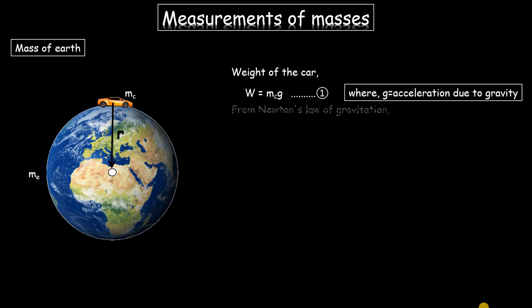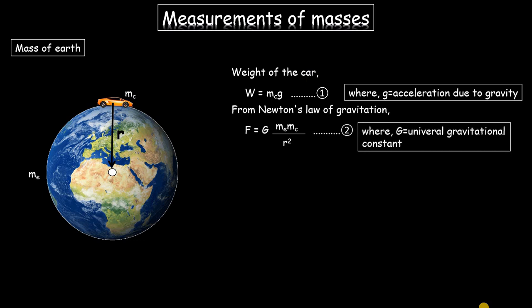And we know another formula for the force needed by the earth to pull it down, which is Newton's law of gravitation, that is F is equal to G into me mc divided by r square, where me is the mass of earth, mc is the mass of car, capital G is the universal gravitational constant, and r is the radius of earth or distance between the car and center of earth. Consider this as equation number 2.